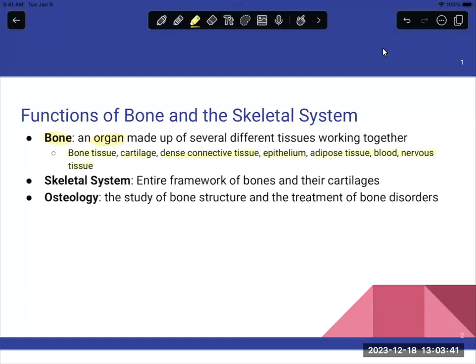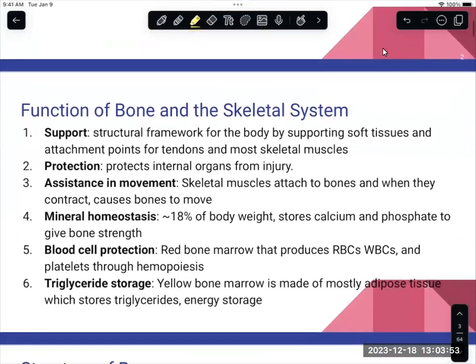Osteology is the study of bones, while the skeletal system is everything that I just listed that makes up our bones.